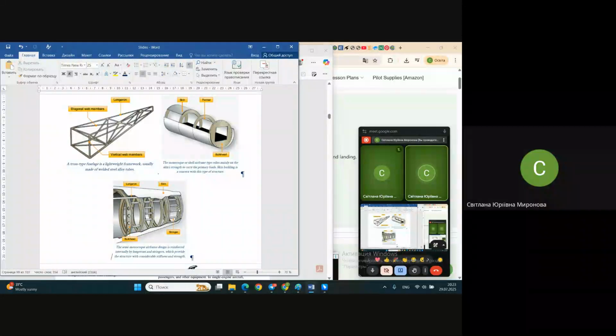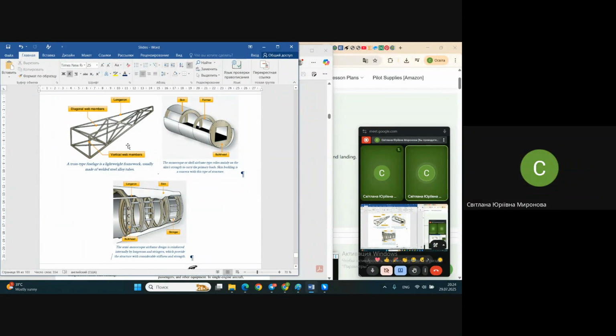And another type of structure is truss structure. Here you see truss-like structure, and on the right side you see beam structures, which are actually more similar to shell structures, I would say. Shell structures with some support. The very first structures of airplanes inside were similar to this variant.